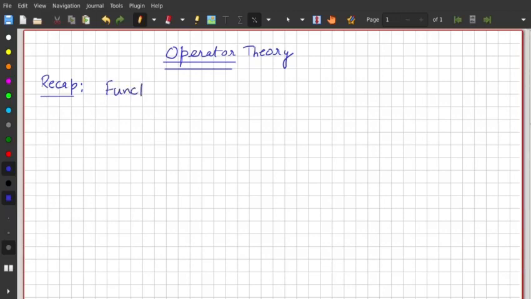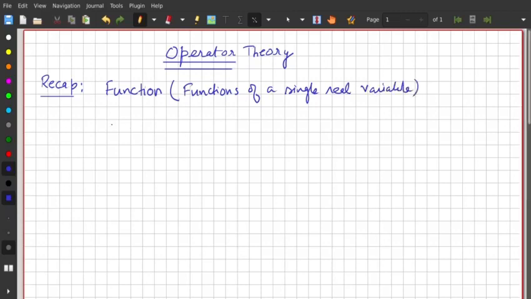When we studied single variable calculus, we studied functions of a single real variable. So we write an expression of the form y is a function of x.